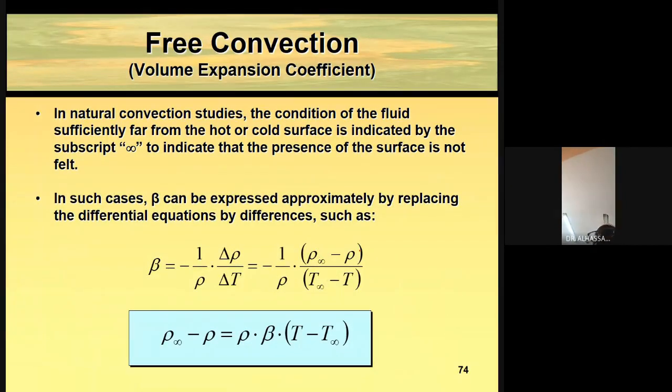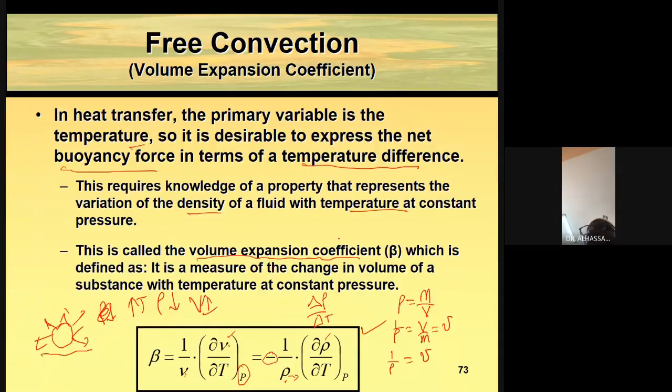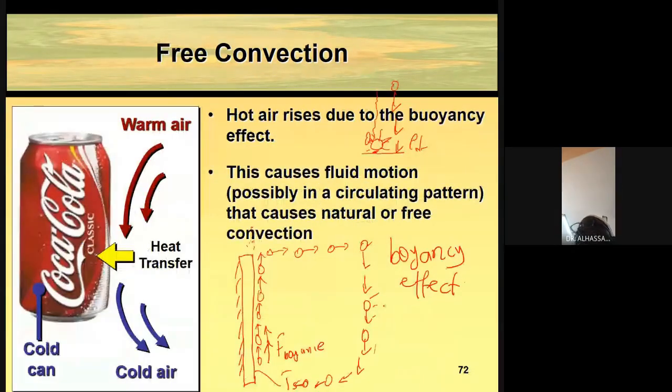Here, rho infinity is referring to this fluid, assuming this is the ambient condition. So rho infinity is the ambient density, and T infinity is the ambient temperature. Now, the temperature of the fluid close to the hot surface is T, and its density is rho.